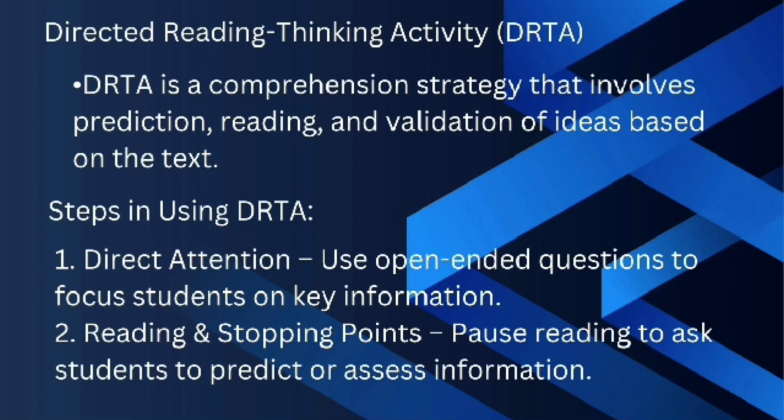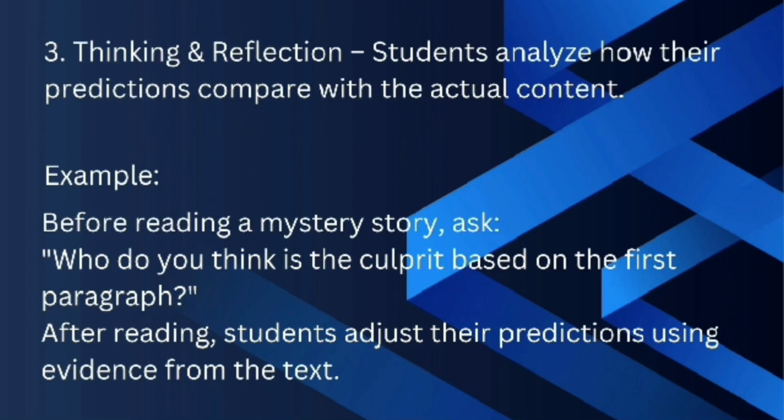And the second one is reading and stopping points, where students are asked to predict or assess information. And the third one is thinking and reflection. Students analyze how their predictions compare with the actual content. So this method sharpens the analytical skills of the students and deepens their comprehension.